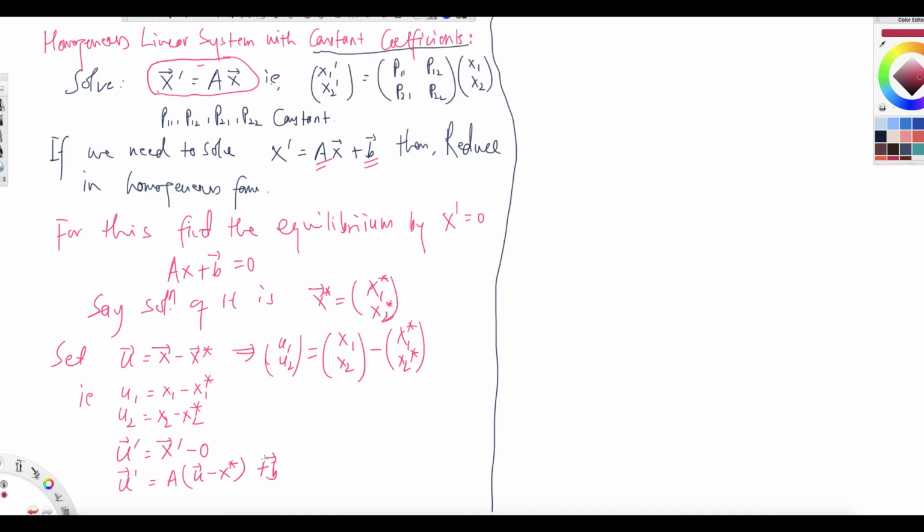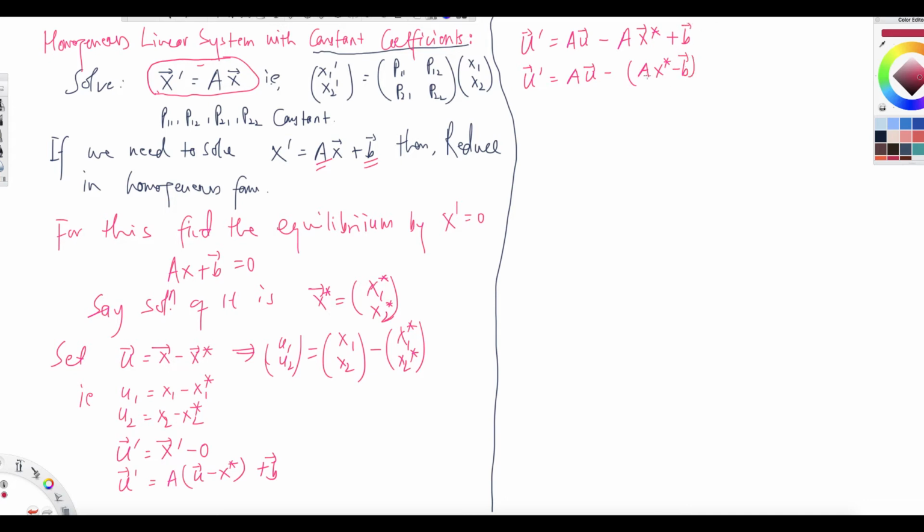Now you can simplify that, and write vector u prime equals A vector u minus A x star plus b. So u prime equals Au, minus A x star minus vector b, right?